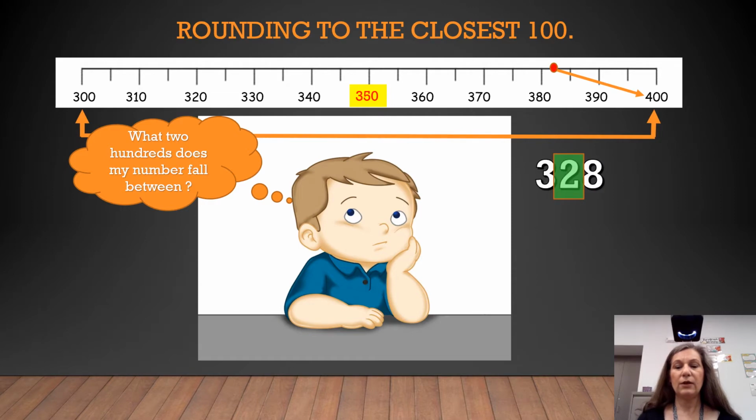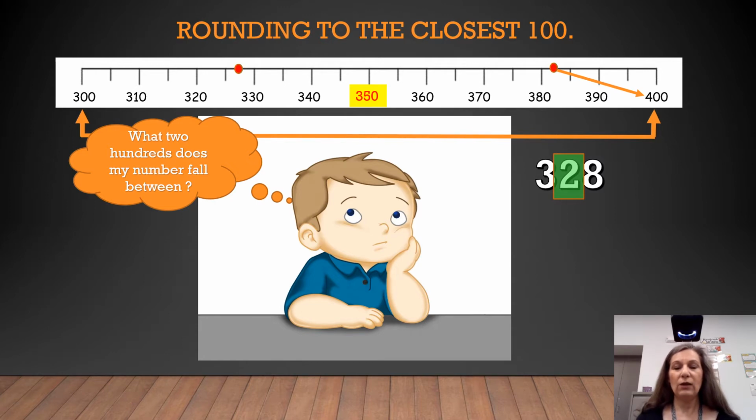Let's take the number 328 now. So all we did was change our digits. However, we made a different number. So 328 is going to lie on our number line right there, just before the 330, just past the 320.